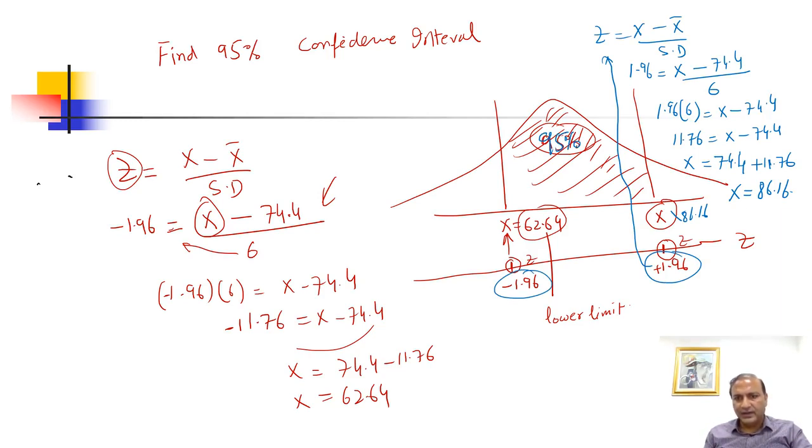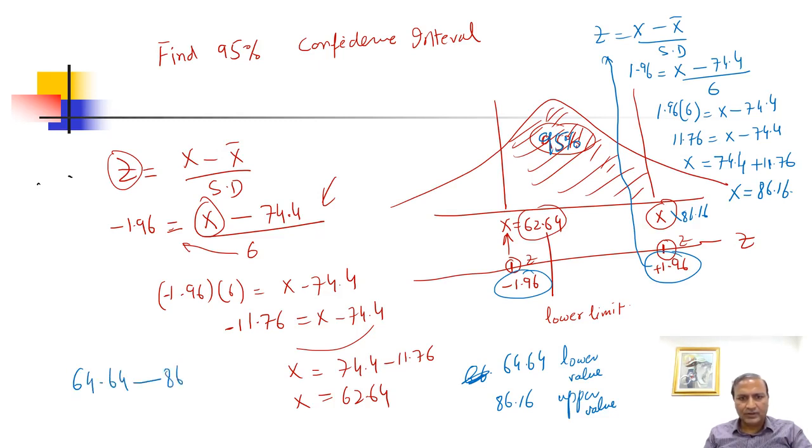And this 64.64 is the lower value and 86.16 is the upper value of the confidence interval. So the confidence interval is 64.64 and 86.16, and we are calculating the 95% confidence interval.